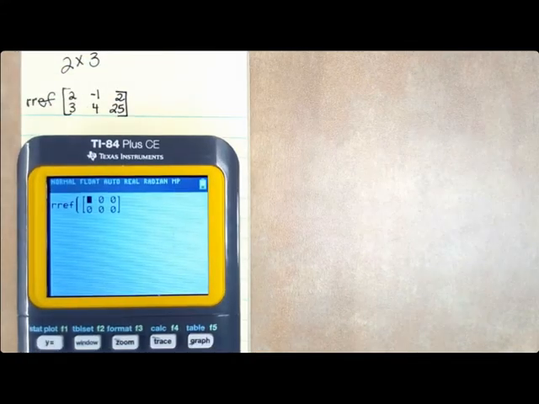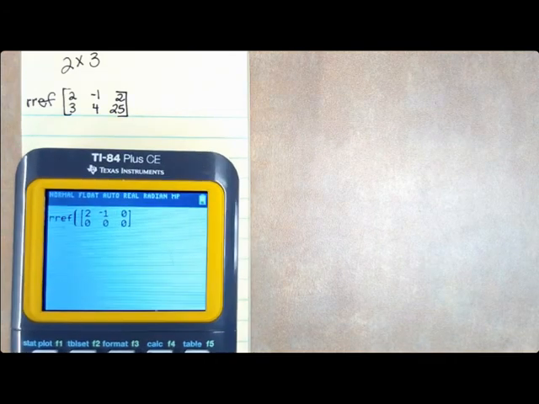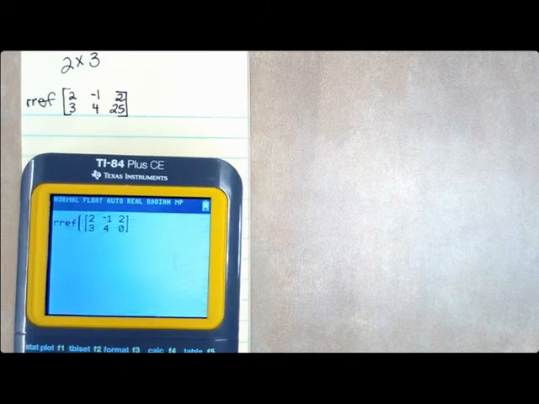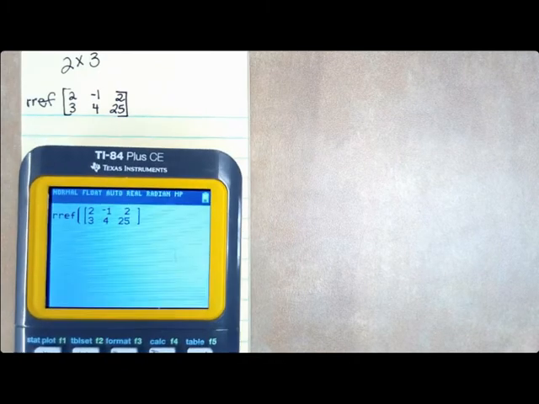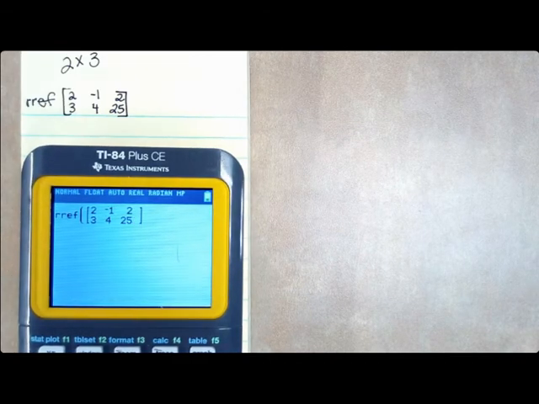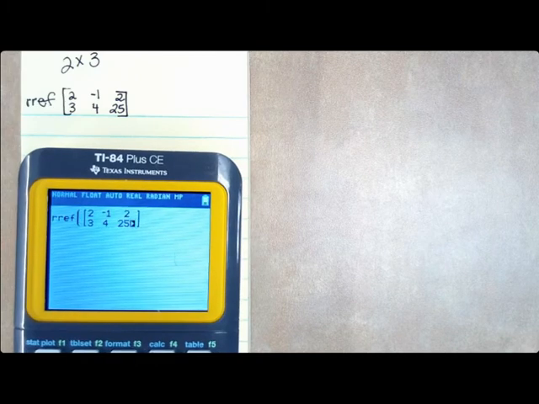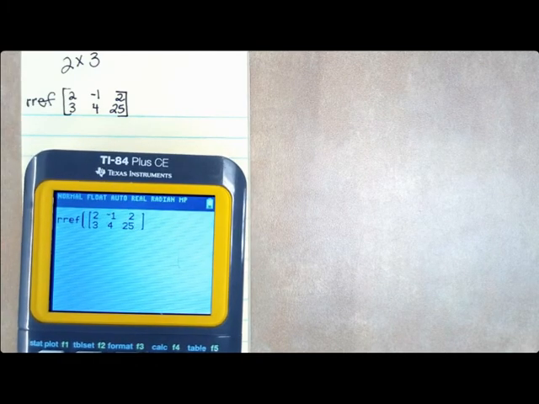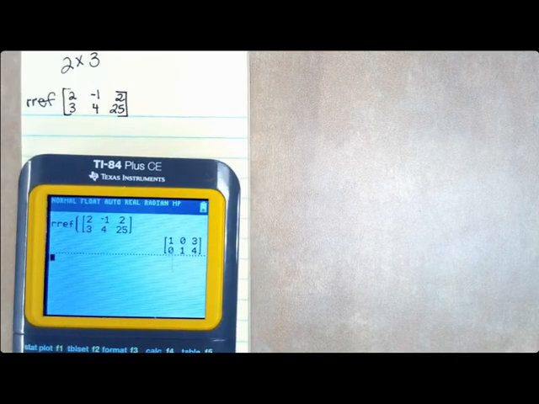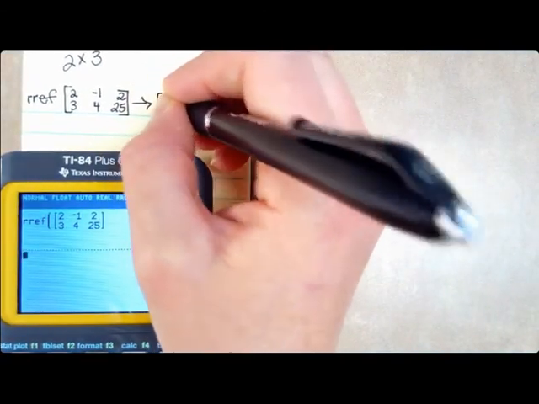Then put your coefficients in. Press enter.